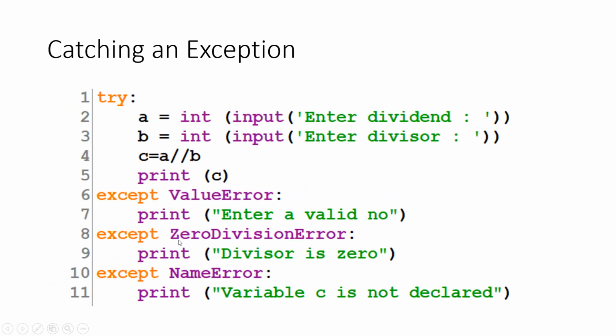Similarly, we can also have a zero division error. Whenever we try to divide A by 0, whenever the divisor is 0, you will get a mathematical error.